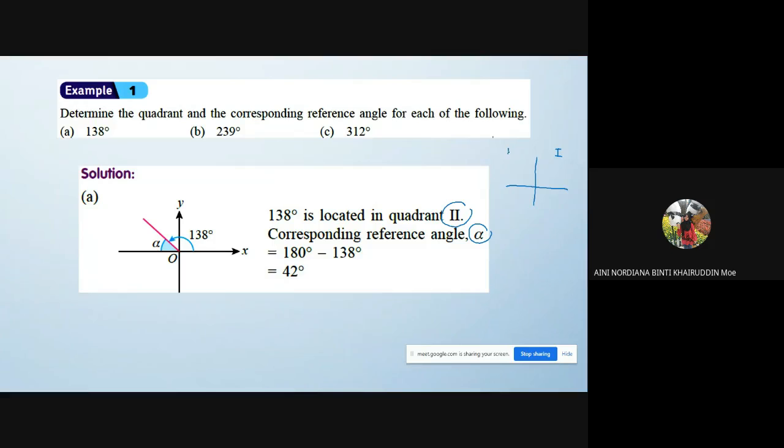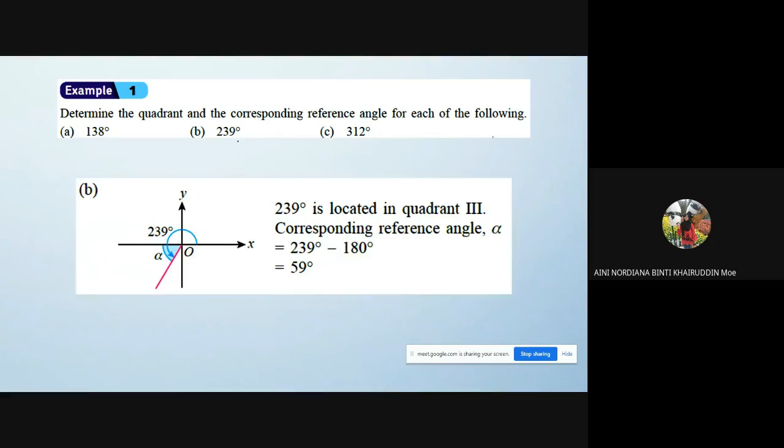First quadrant, second quadrant, third quadrant, fourth quadrant. This one theta. Here 180 minus theta. Here 180 plus theta. Here 360 minus theta. Okay, so since 138 is quadrant 2, we use this 180 minus theta. So this is the reference angle.